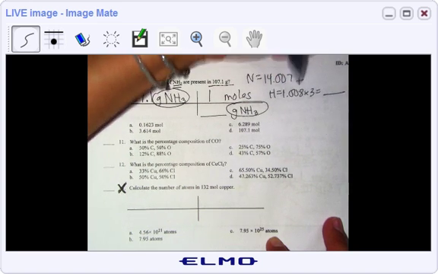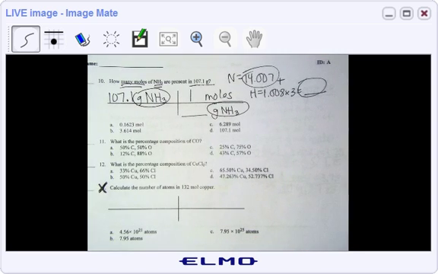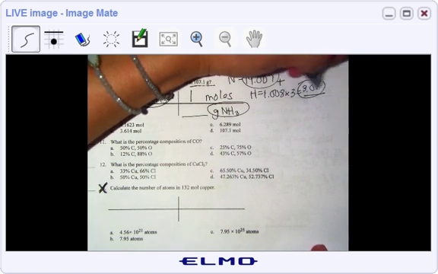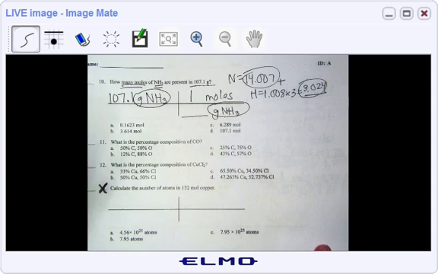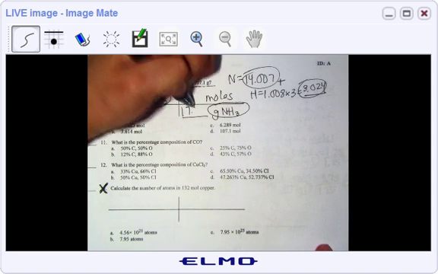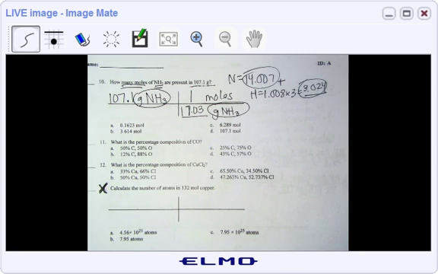And I just add these two. When I added them together, I get 17.03. Are we multiplying or dividing? What do you guys think?